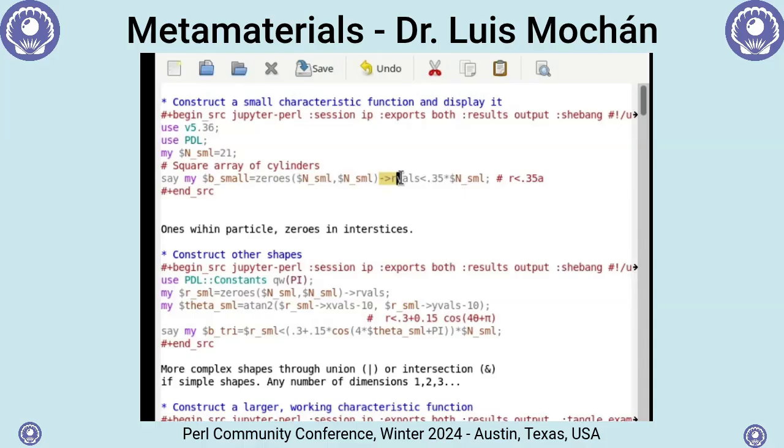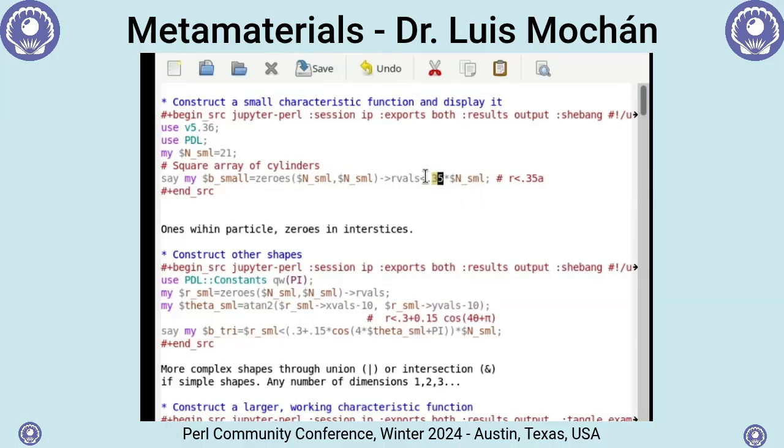Then I apply the method rvals that gives me the set of distances from each point in this array to the center of the array. And I compare that number with a given desired radius, in this case, 35% of the size of my square unit cell.